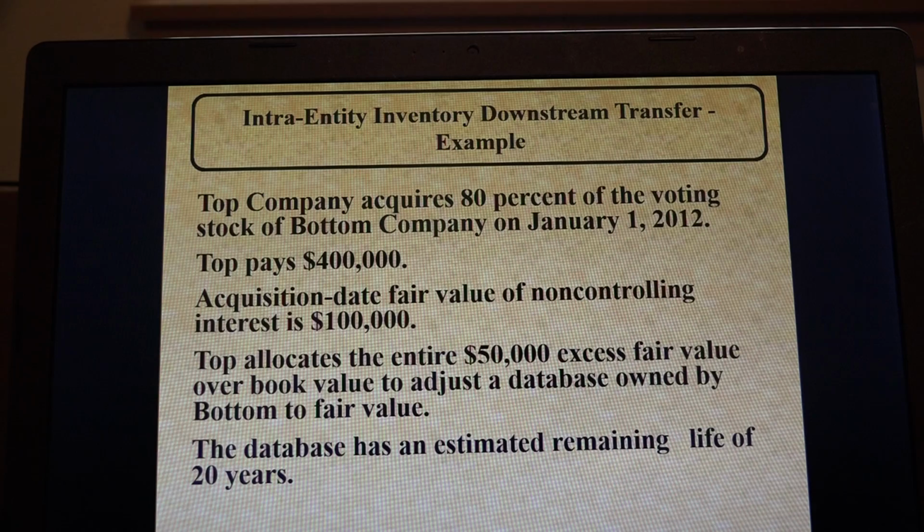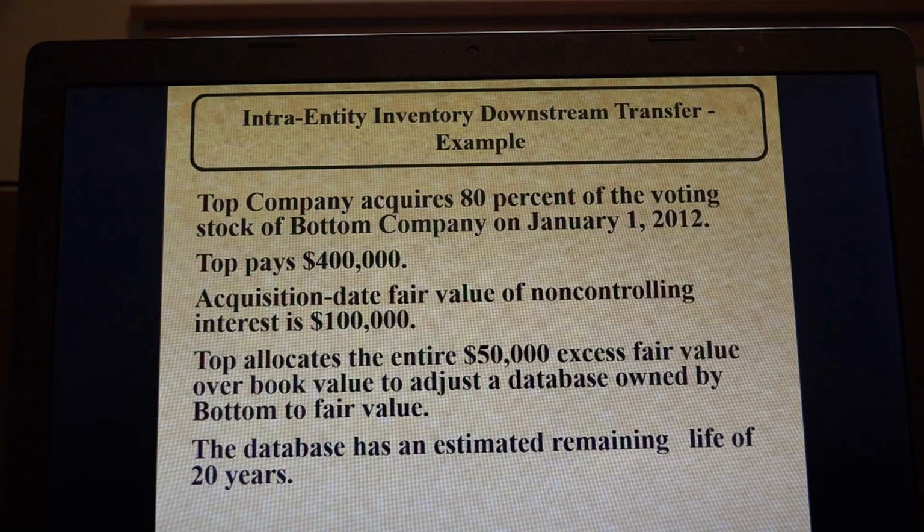Okay, so that we're going to have to amortize. And they say the database has an estimated remaining life of 20 years. So on that database, we're going to have to amortize a total of $2,500 a year, and then allocate that out to the controlling interest and the non-controlling interest.